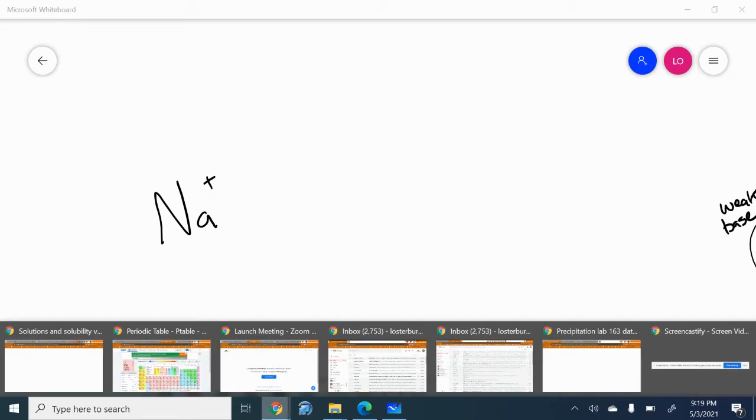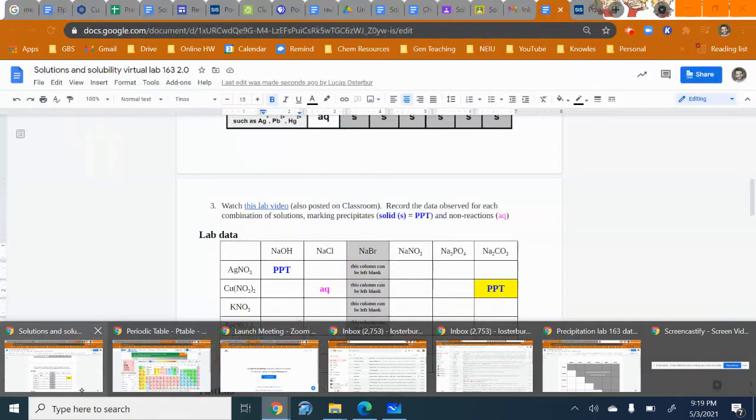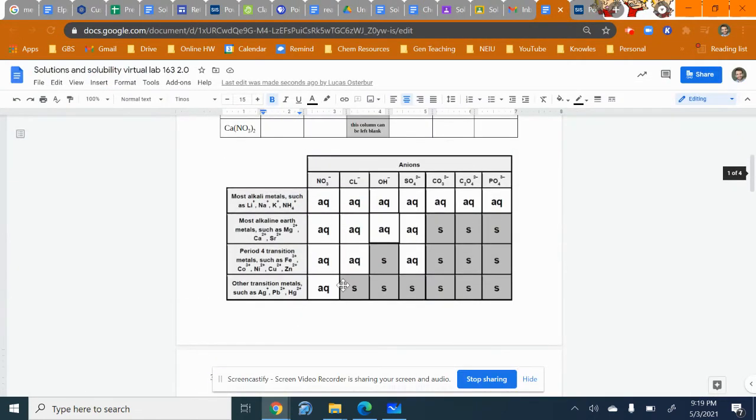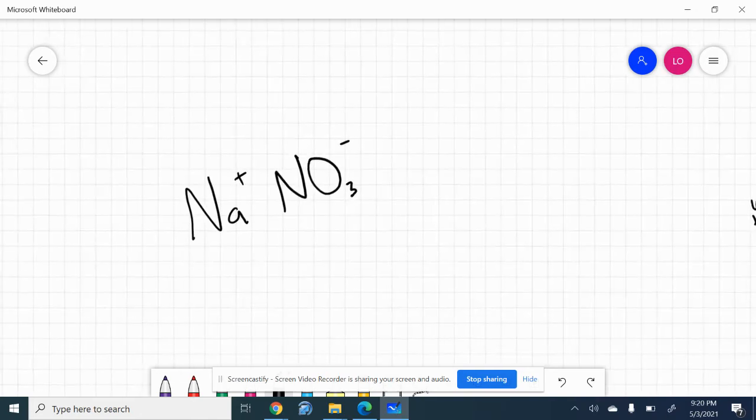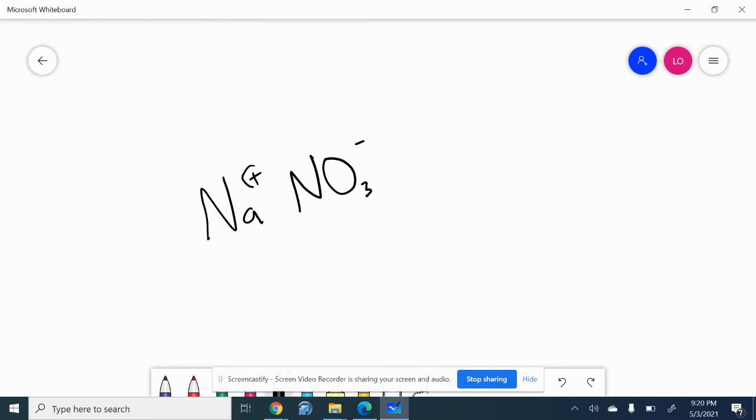If I then look at what my subscript is for NO3, NO3 is a negative 1 ion. So Na and NO3, and I like to have a separate piece of paper to help me do this, but I have a positive 1 and a negative 1. They are okay being together.